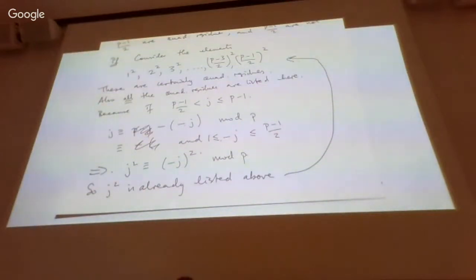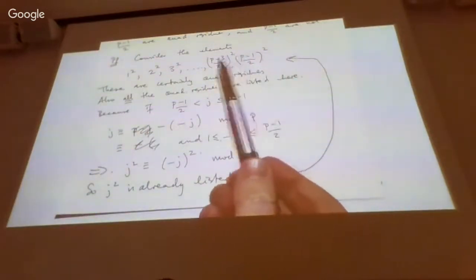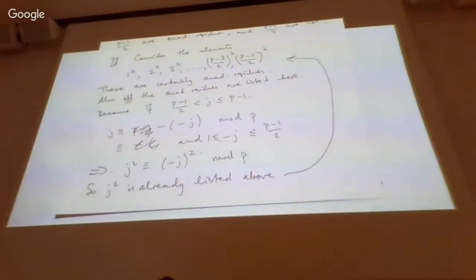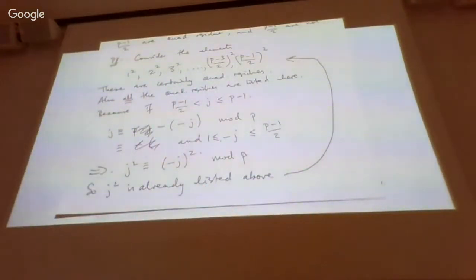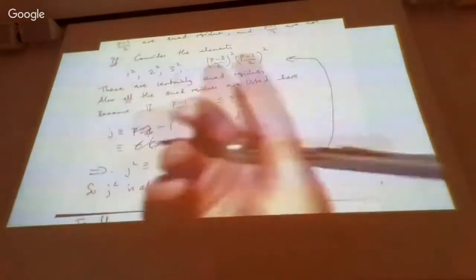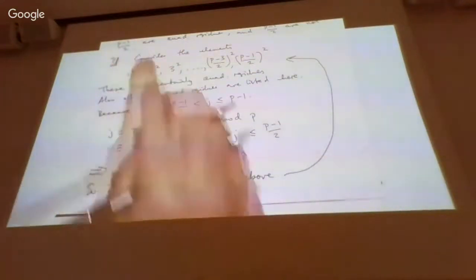Could 3 squared be equal to the square of P minus 3 over 2? Because if two were the same congruence class, there would be fewer than P minus 1 over 2 quadratic residues.